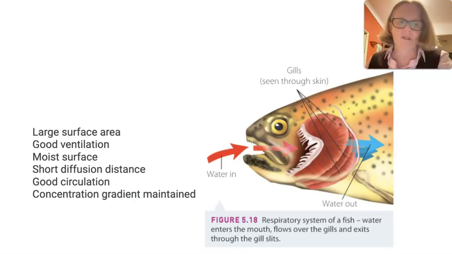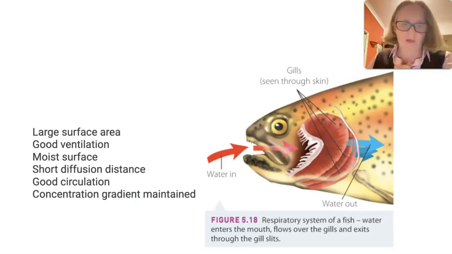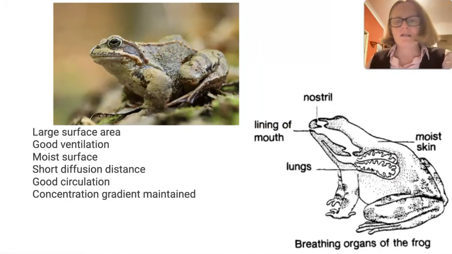That means there's good blood circulation, and the concentration gradient is maintained because the direction of water flow is opposite to the direction of flow of blood in the gill filaments. So you always get a good difference between the concentration of gases in the water compared to the concentration of gases in the blood. And here is our final creature, a frog.